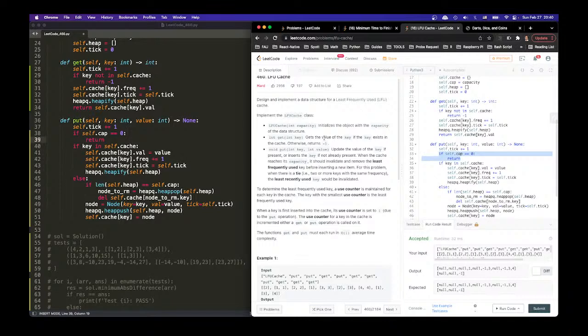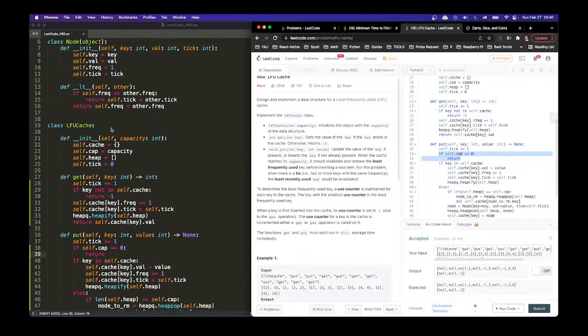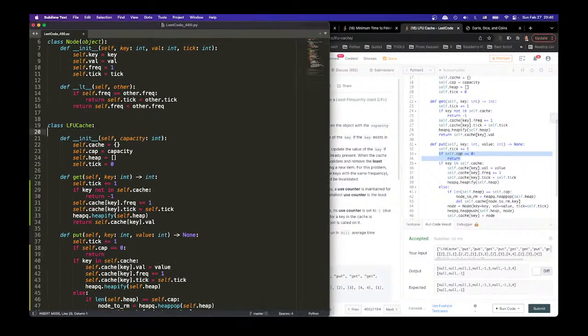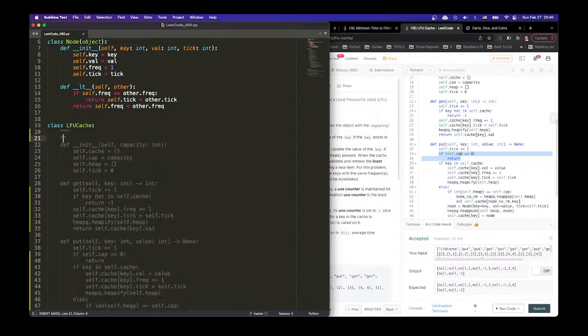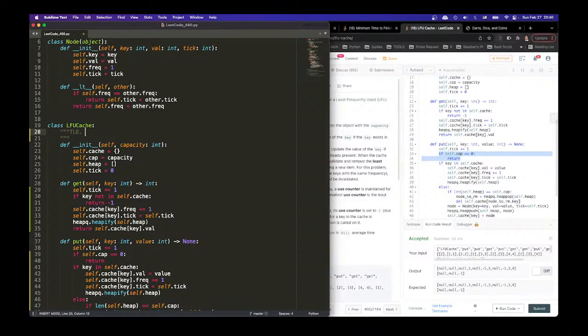Least frequently used. 10 to the 4th, right? Log n.